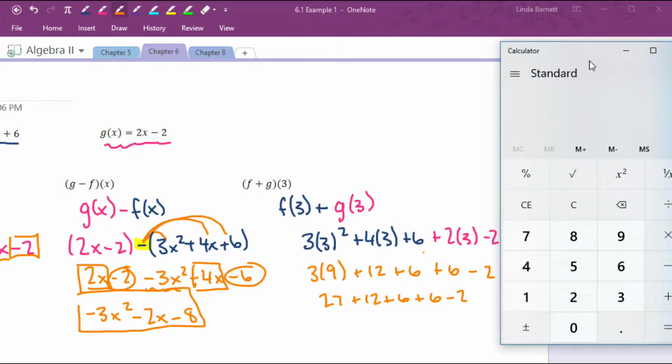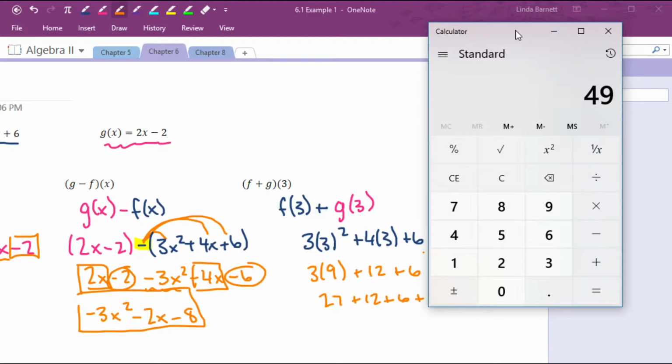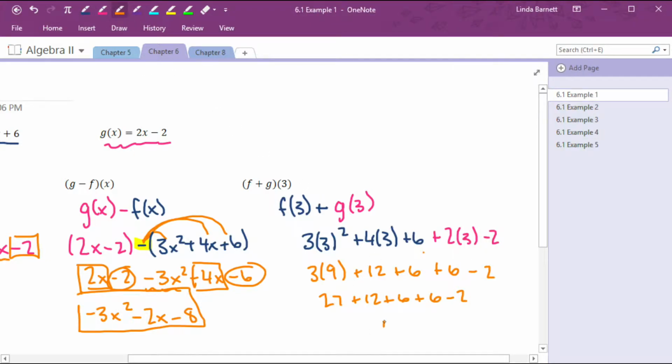That's 49. Let me try again just to make sure. So 27 plus 12 plus 6 plus 6 minus 2 is 49. Good. So our answer is 49.